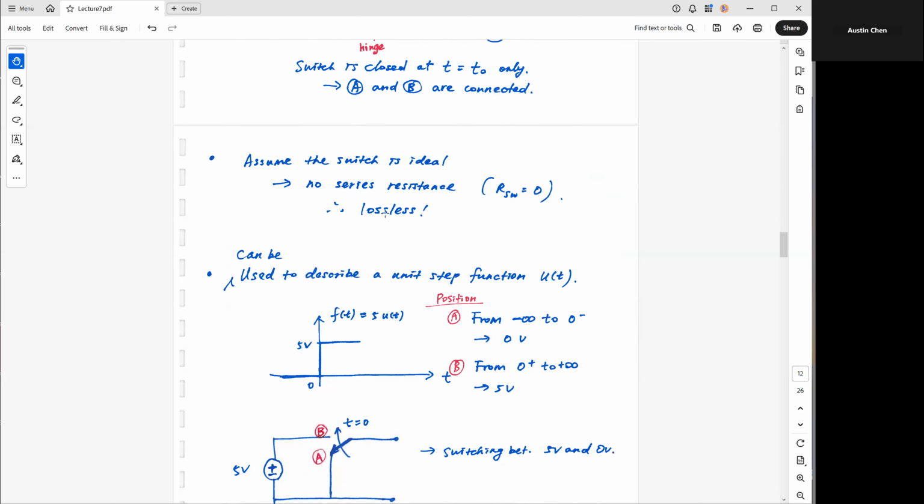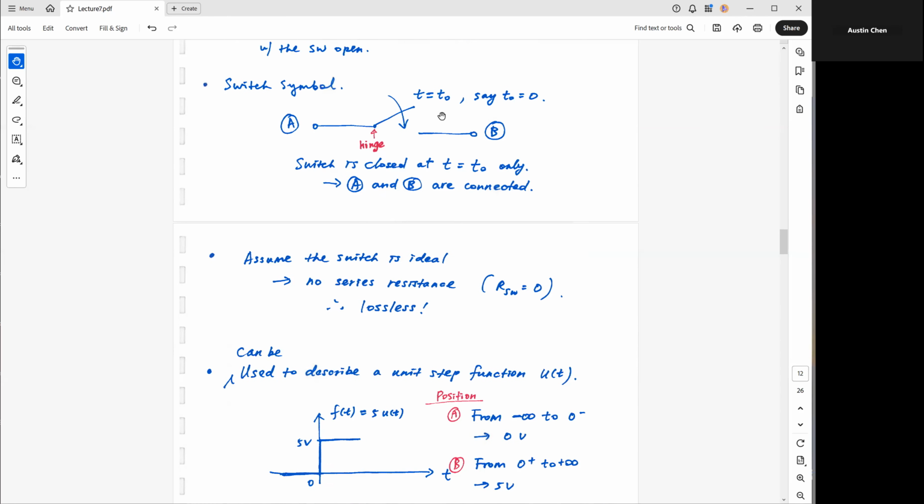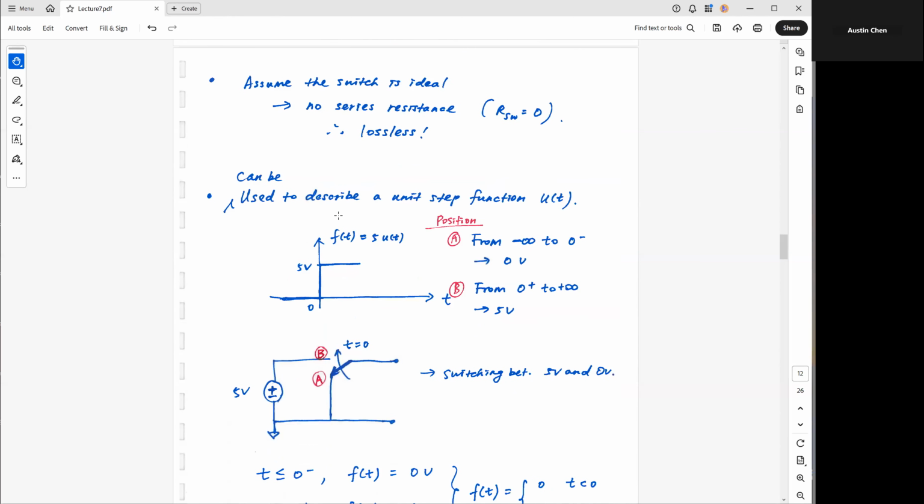So why is this used? Well, if you think about it, essentially what we're trying to do here is create this unit step function mathematically. We want to say that when t is less than 0, I'm on the left side of this y-axis, so I have no voltage.